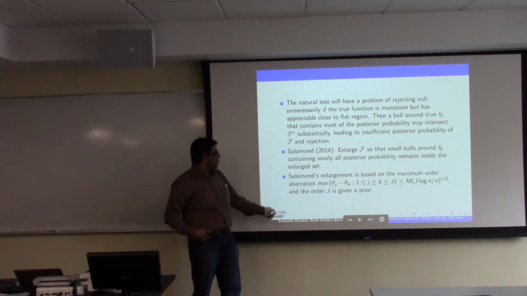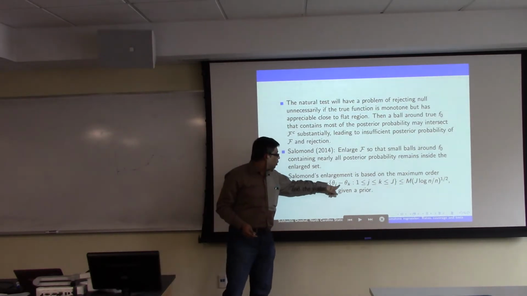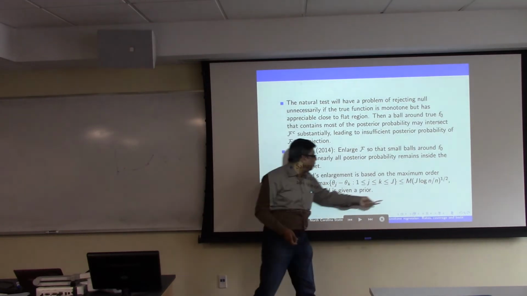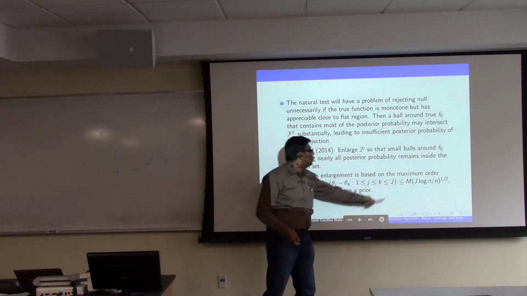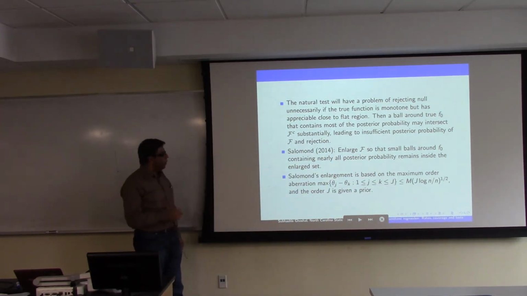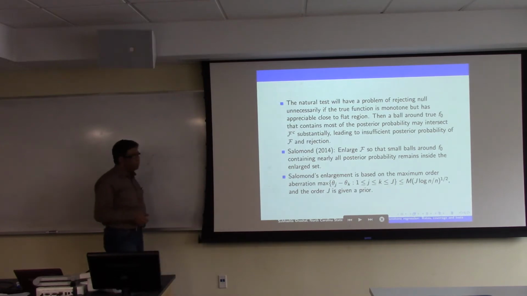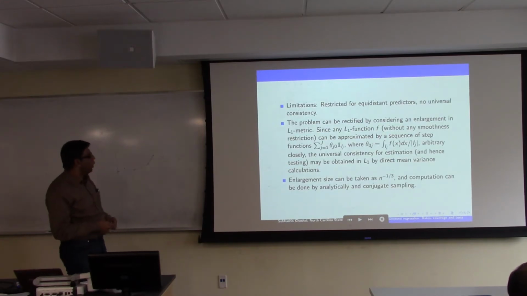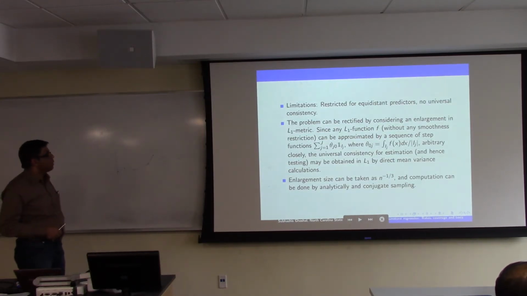Ideally, when it's monotone, if k is more than j, this should always be less than or equal to 0, but he provides some cushion, some margin, which allows some small aberration. Then it's an enlarged parameter space, and he proves that you can have the probability of this going to 1 if the function is actually monotone.